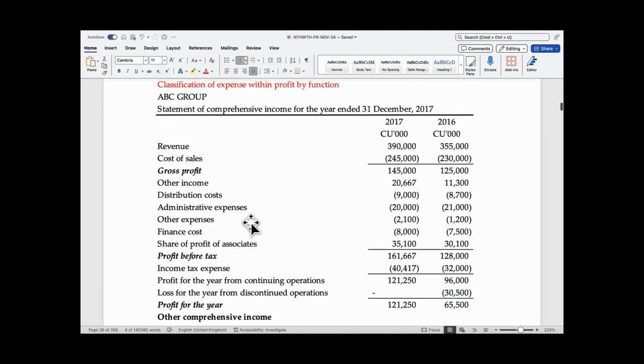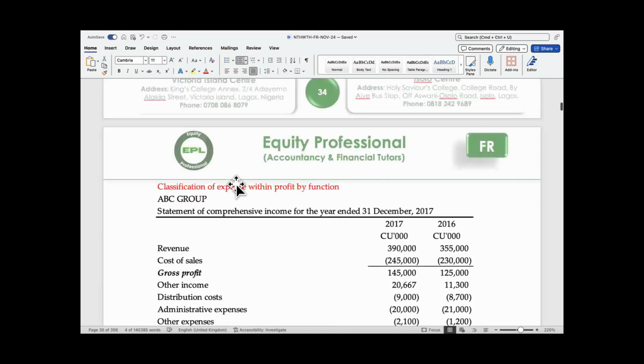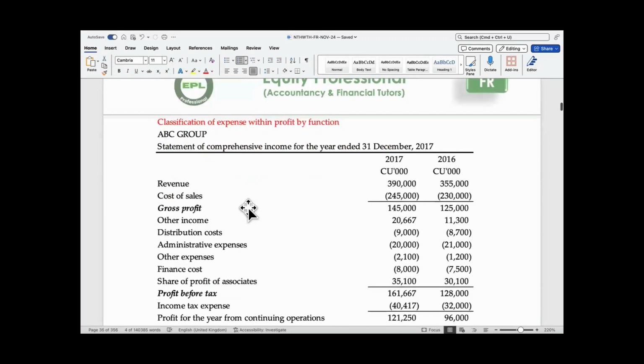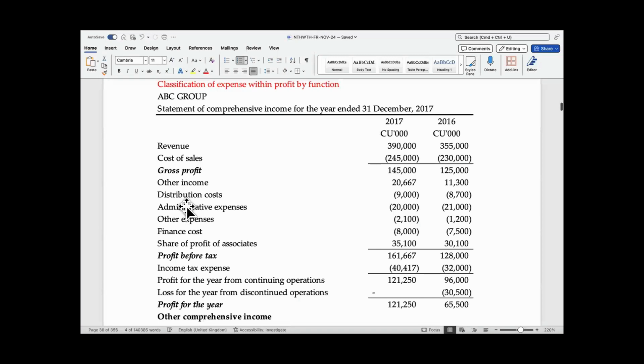So you see this P&L, they have classified the expenses by function based on what those expenses were used for: cost of sales, distribution, admin, by function. Right? This is the one that is popular. This is the one you would find in your exam.